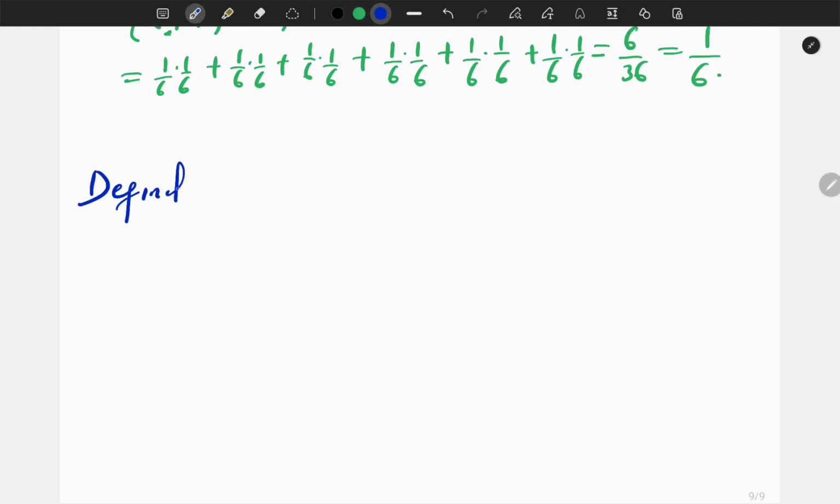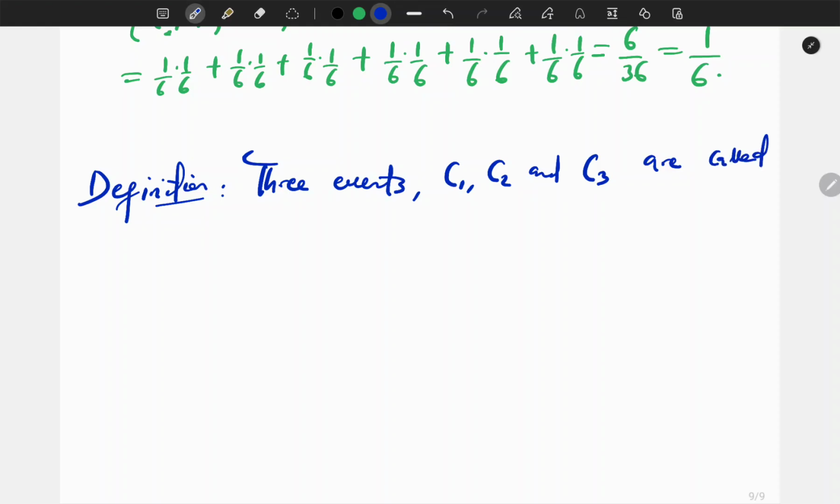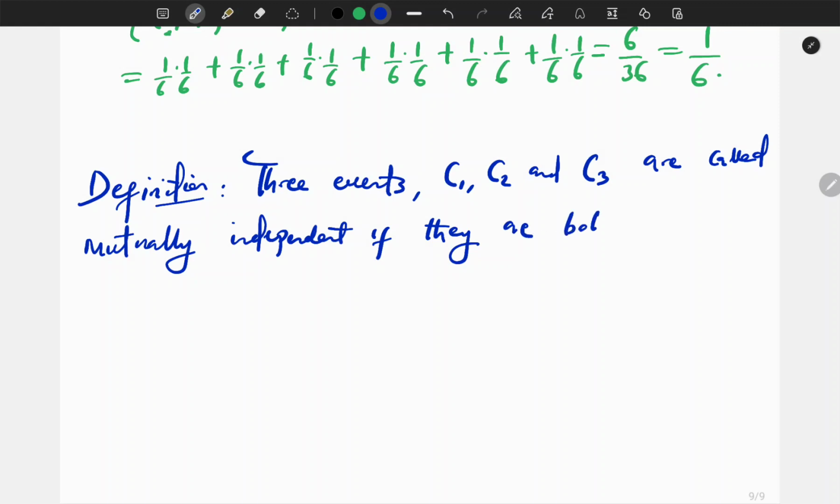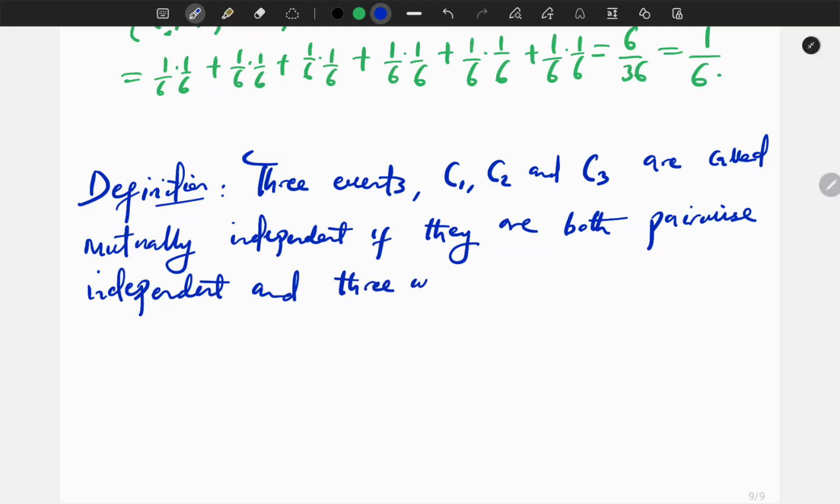Definition: three events C1, C2 and C3 are called mutually independent if they are both pairwise independent and three-wise independent.